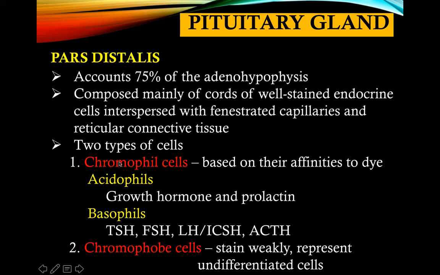The basophilic chromophil, on the other hand, secretes the following hormones: TSH or thyroid stimulating hormone, your follicular stimulating hormone, your luteinizing hormone, your interstitial cell stimulating hormone, and your ACTH or adrenocorticotropic hormone. While your chromophobe cells, as the name implies, stain weakly and represent undifferentiated cells. The structure and the appearance of these chromophil and chromophobe cells will be discussed in the next slides.